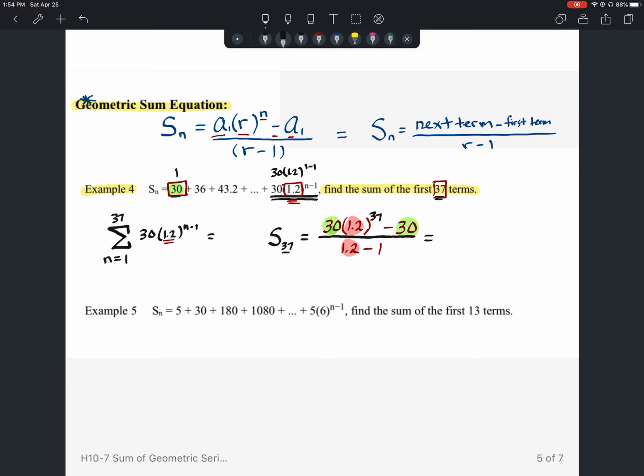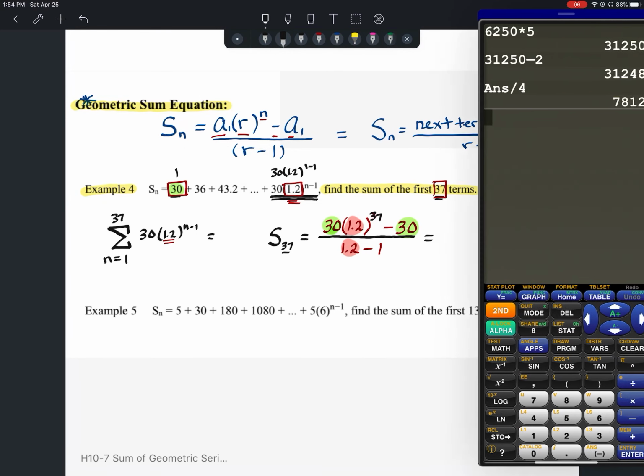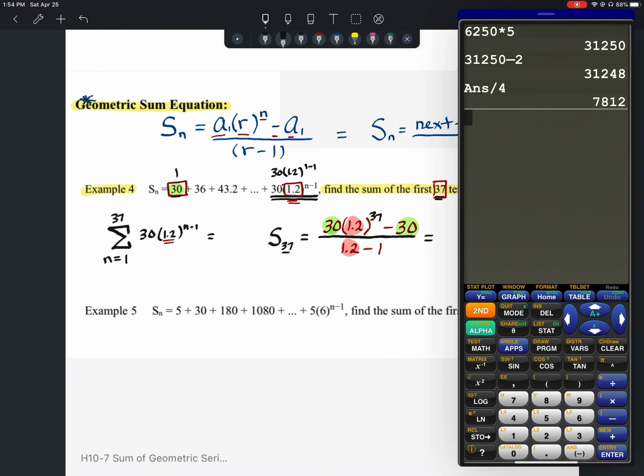I'm not going to calculate that by hand. I'm going to grab my calculator, and you should too. So here's what we got. You can do this whichever way you want. I'm going to do 30 times 1.2 to the 37th power, and then subtract 30. What I get there is 25,486.8675.